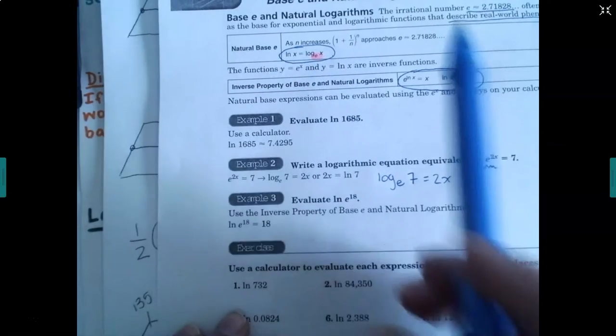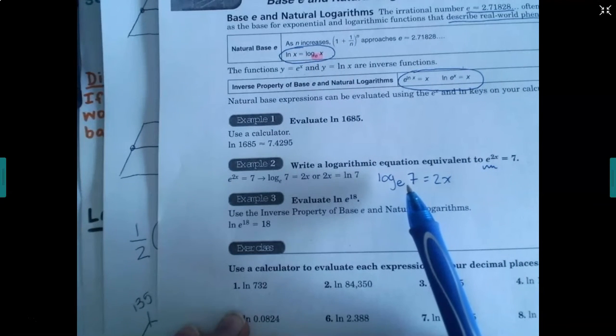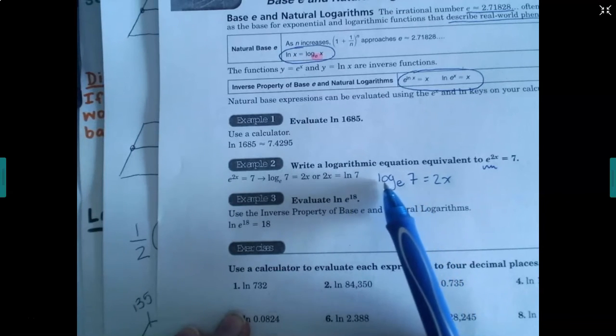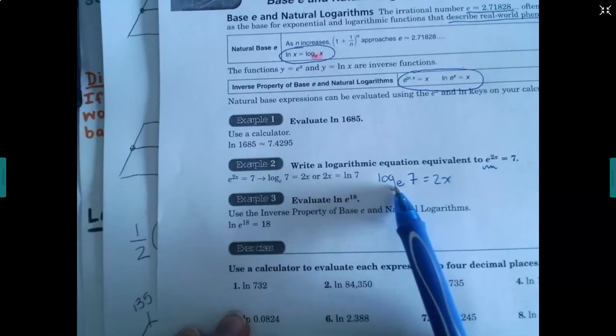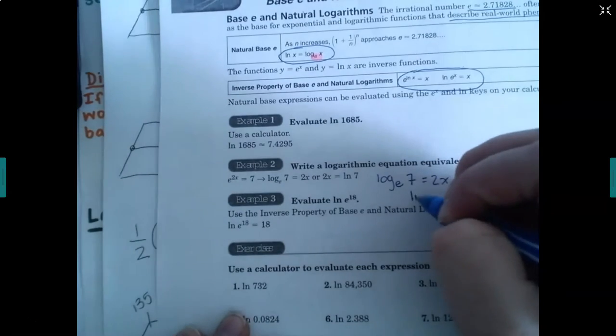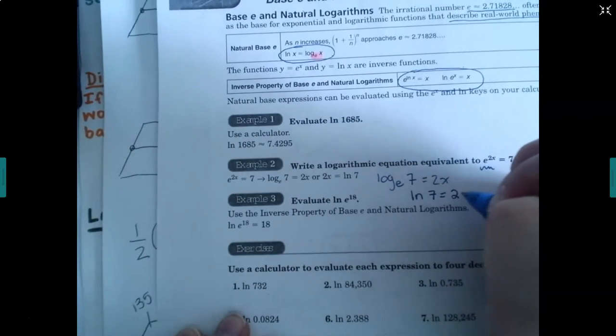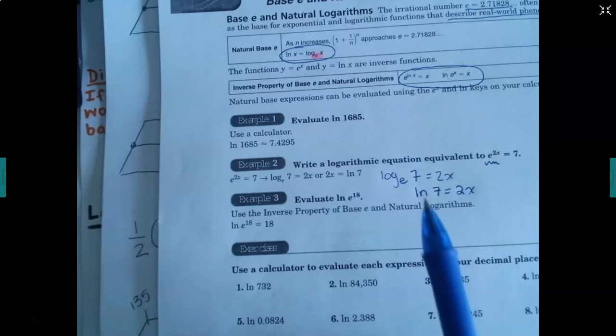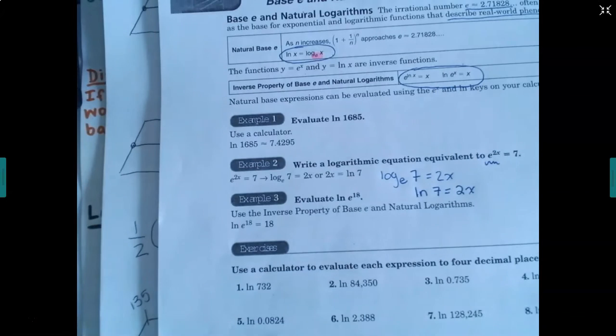So now that we have it in this form, we can convert it to ln. So log of base e is going to equal ln. So we could say ln of 7 equals 2x and go from there. Also, when we get it into this form, we are able to use our rule here.